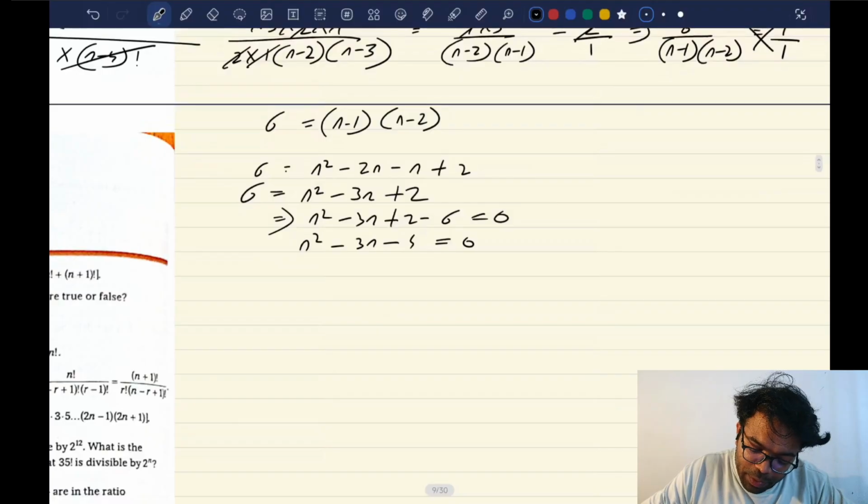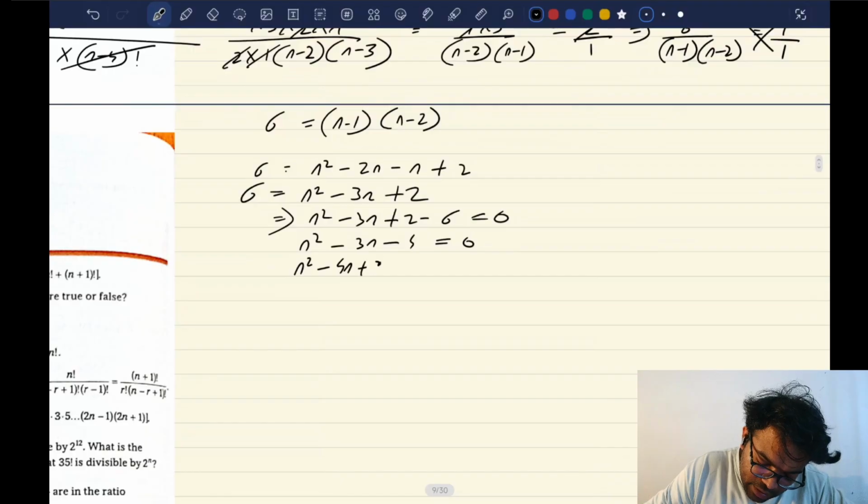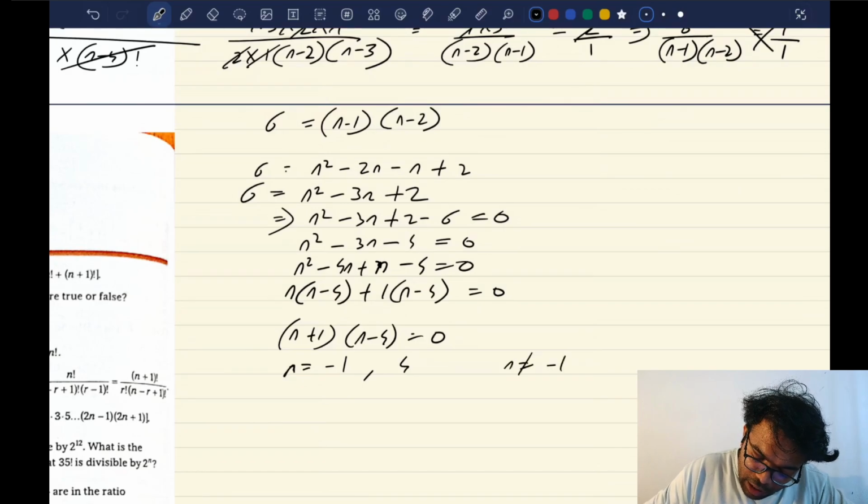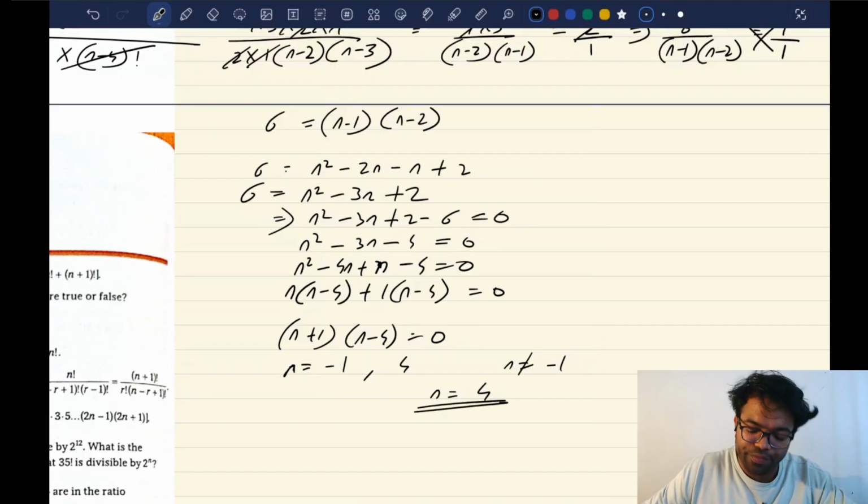Therefore, what will be the answer here? n square minus 4n plus n minus 4 is equal to 0. n into n minus 4 plus 1 into n minus 4 is equal to 0. n plus 1 into n minus 4 is equal to 0. n is equal to minus 1 comma 4. n cannot be minus 1, therefore n is equal to 4.